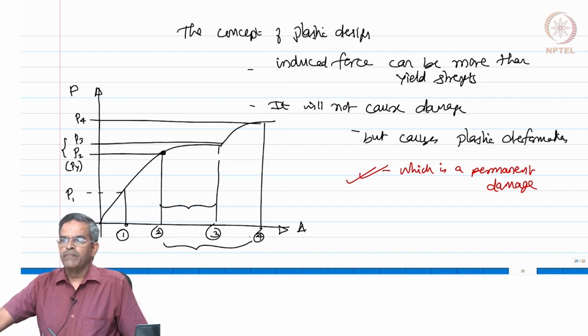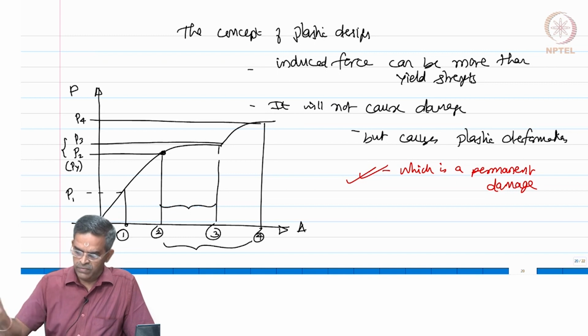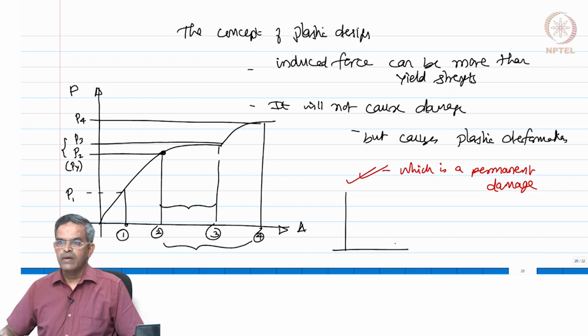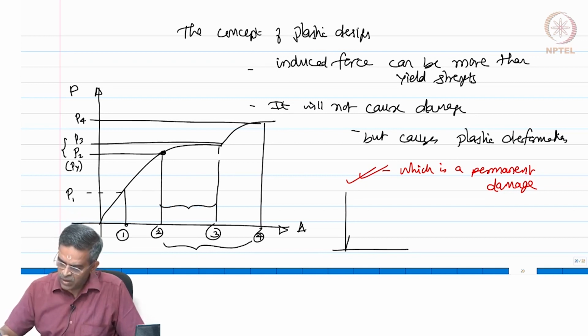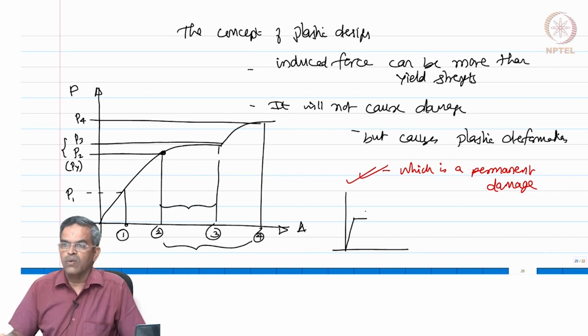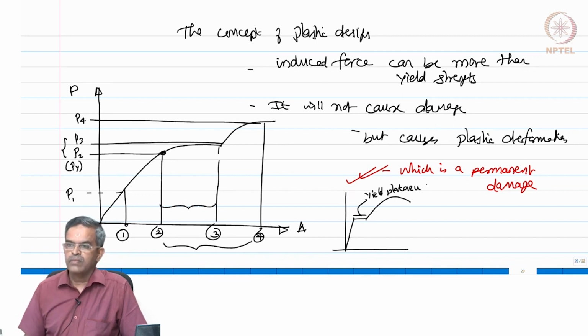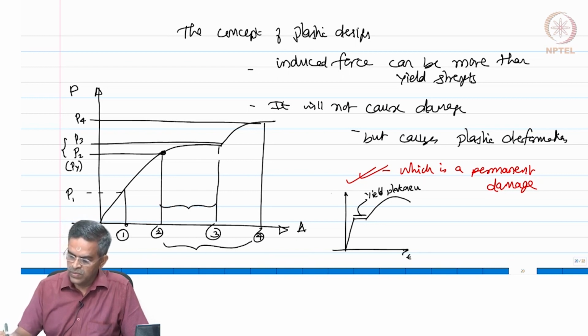Now if you look at the elastoplastic deformation of steel, I will draw it here itself, it is easy. Steel has ideally a good yield plateau and then it goes. So this is the yield plateau, with strain and stress, of course.